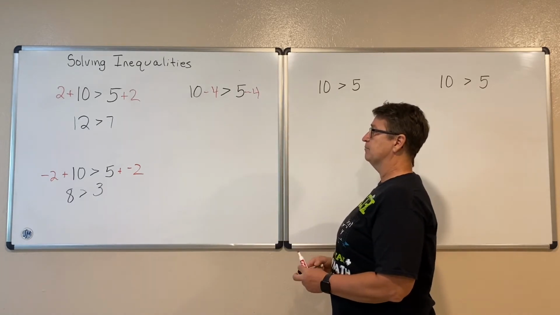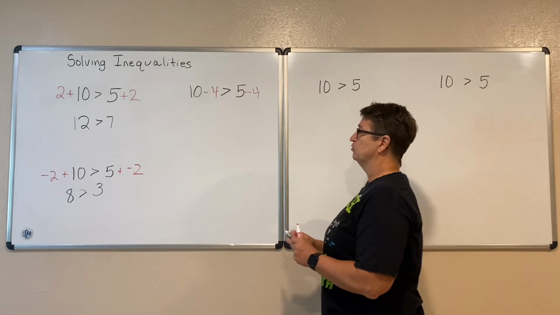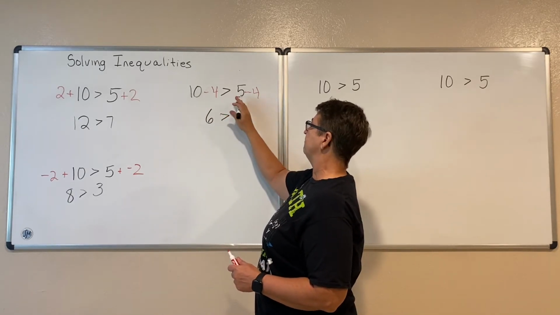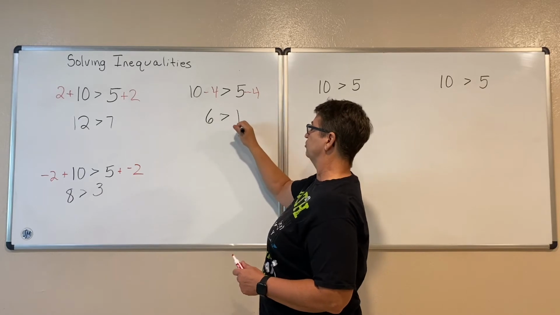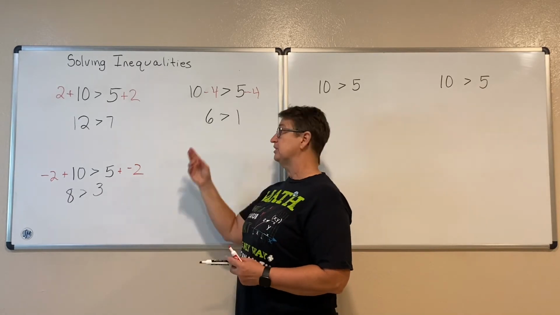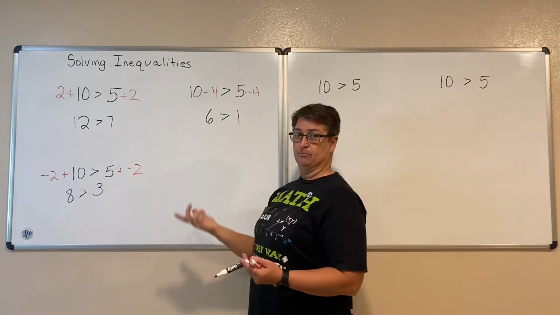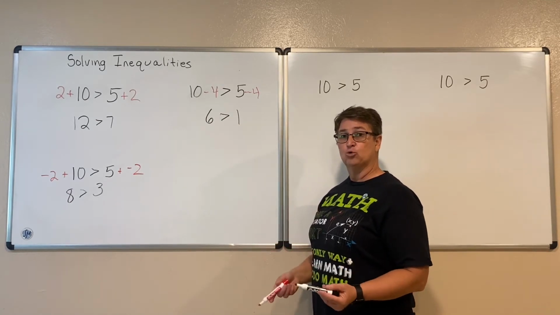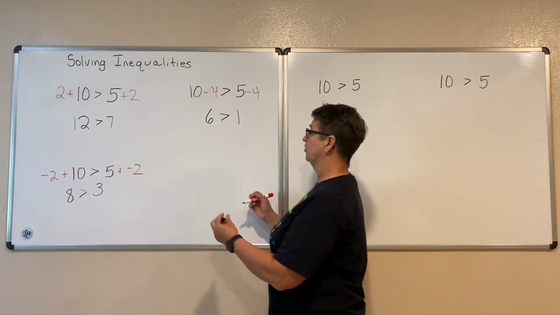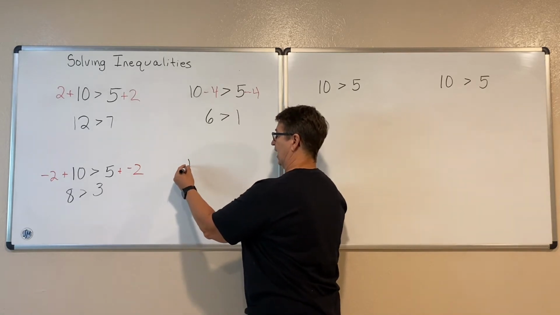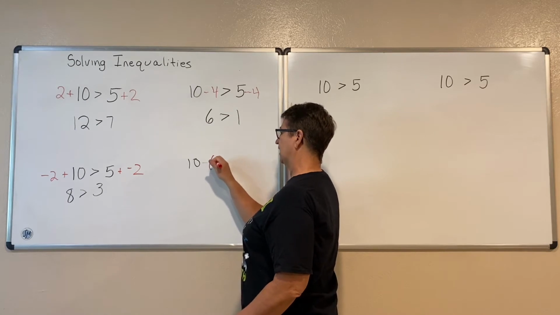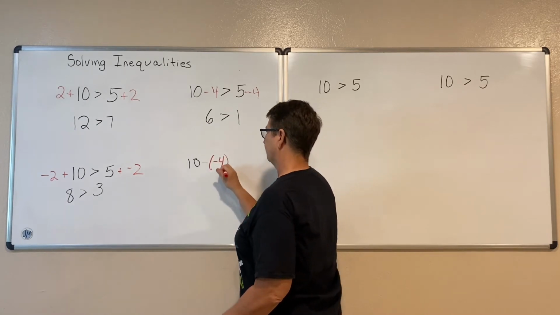So I have 10 minus 4, which is 6, and 5 minus 4, which is 1. 6 is greater than 1. So subtracting something from both sides, my inequality is still true. What about if I subtract a negative number? So let's say I subtract a negative 4.